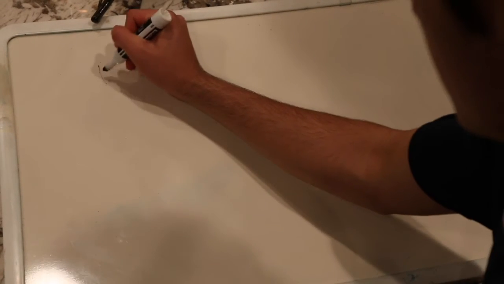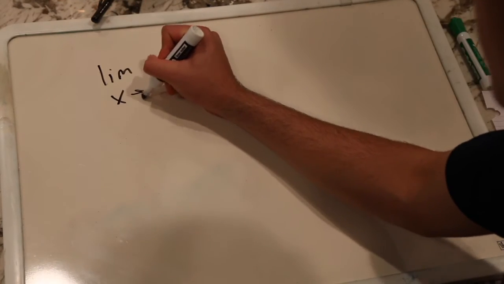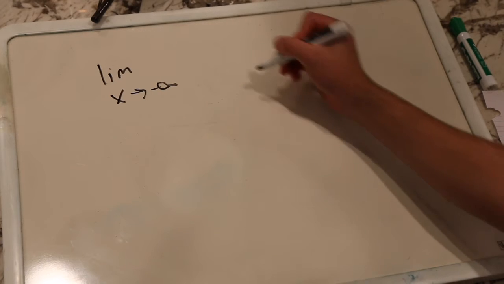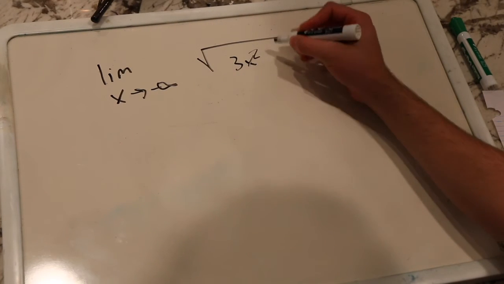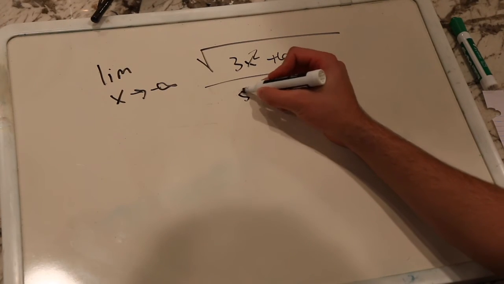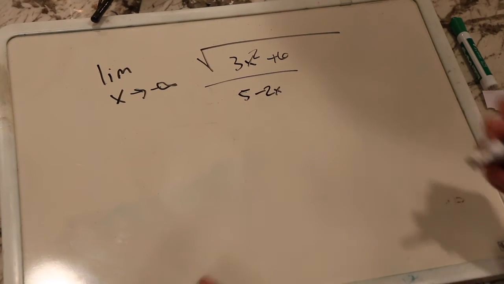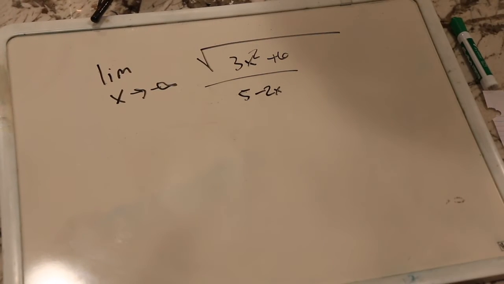So here is our last problem. It's going to be the limit as x approaches negative infinity of root 3x squared plus 6 over 5 minus 2x. We can see that this problem is kind of different because there's a square root.